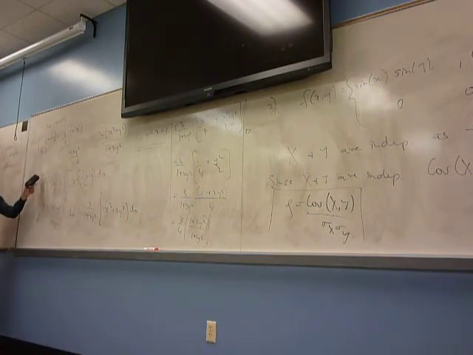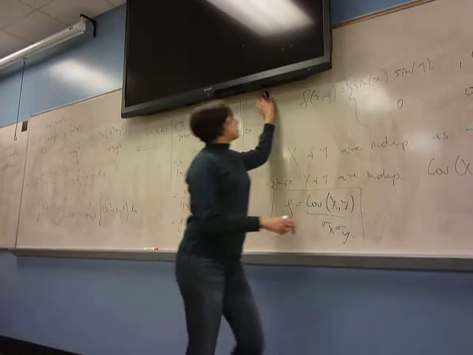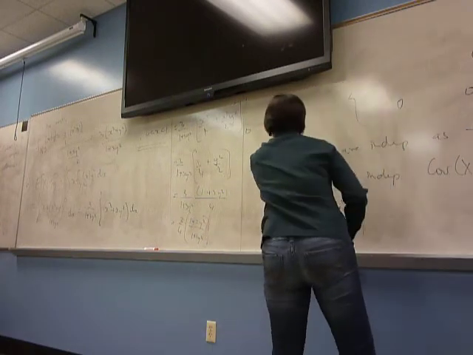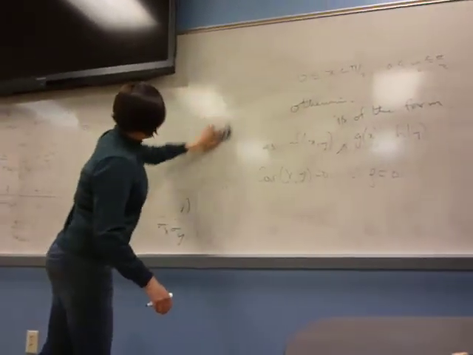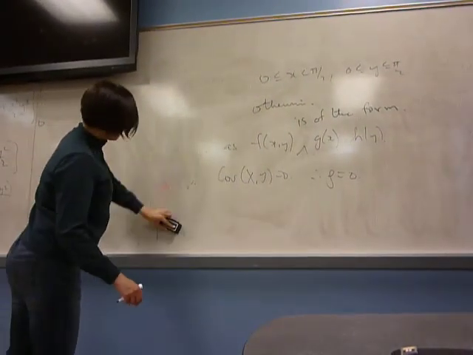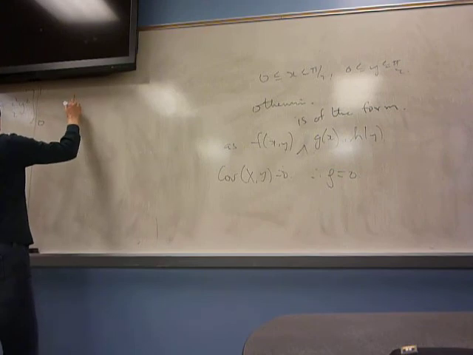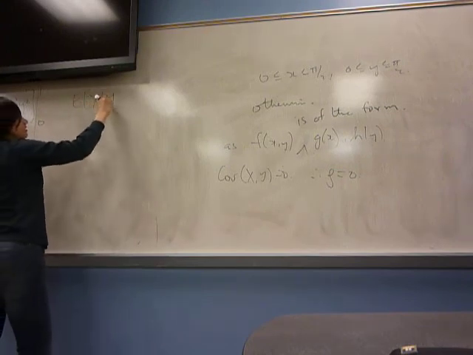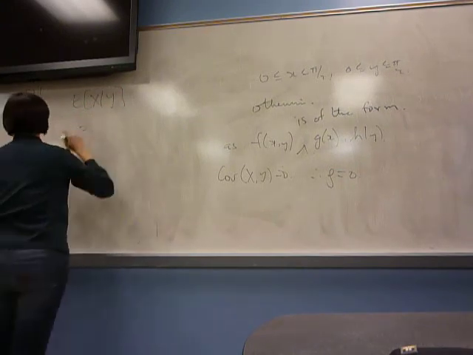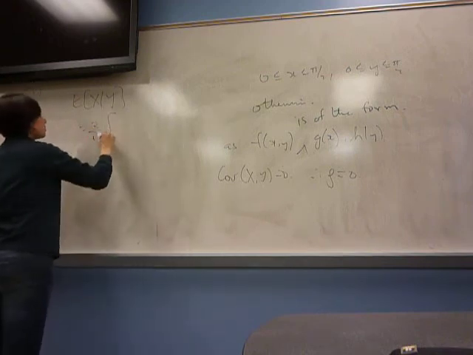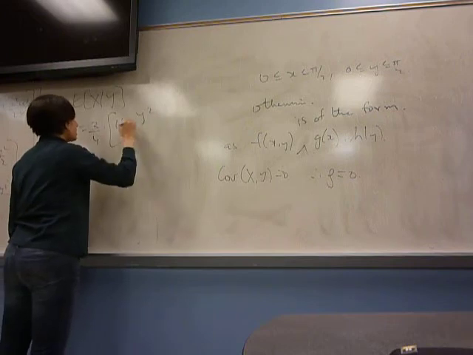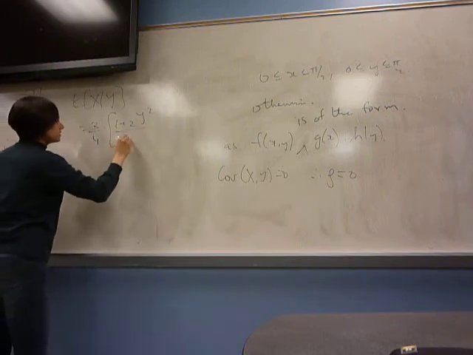Once you have conditional expectation, you should no longer have x in the picture; it's a function of y. Since I asked what this is, if I write little y as capital Y, I can write this as 3/4 times 1 plus 2 capital Y squared over 1 plus 3 capital Y squared.